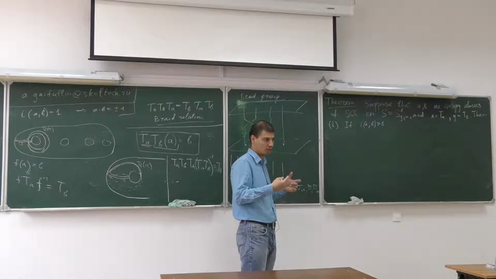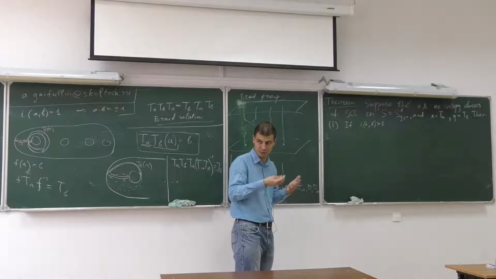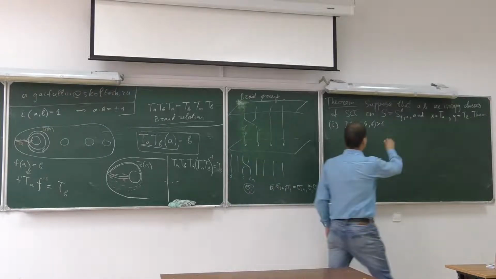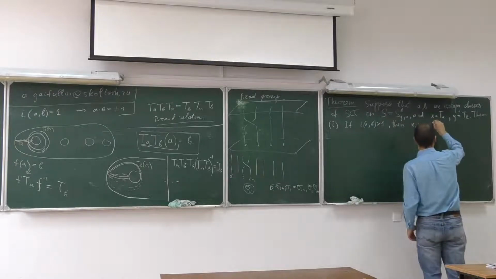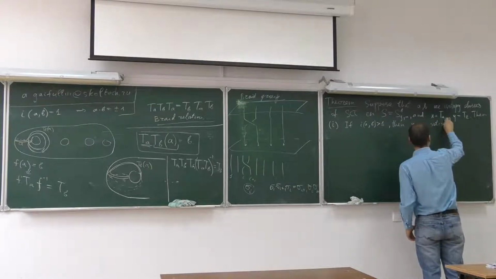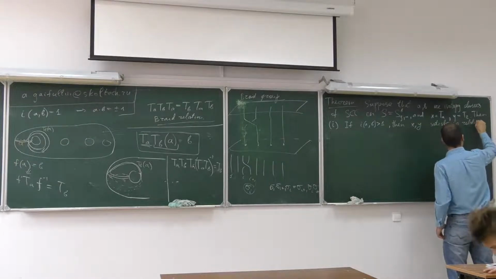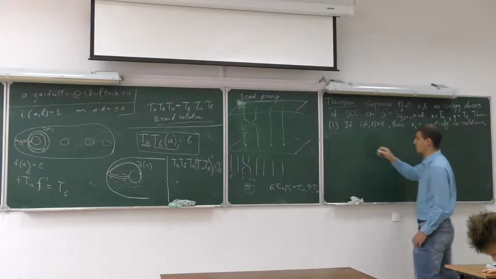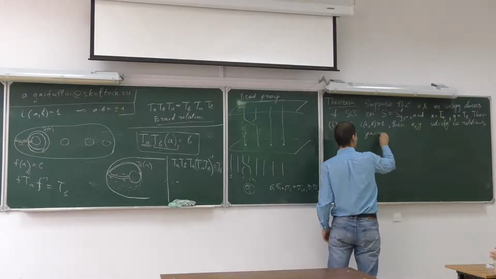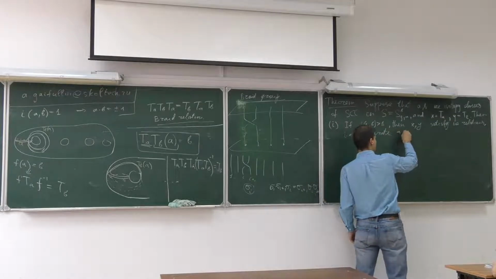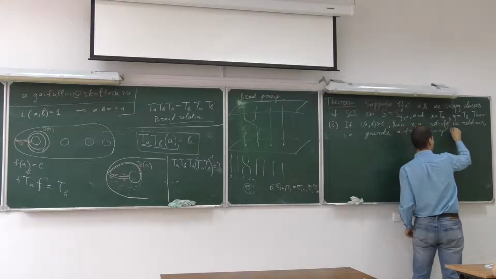So X and Y generate a free group in the mapping class group, and they are free generators. That is, they generate a free group with two generators.